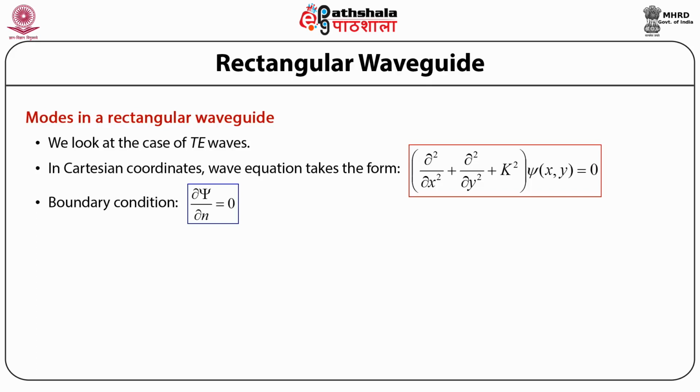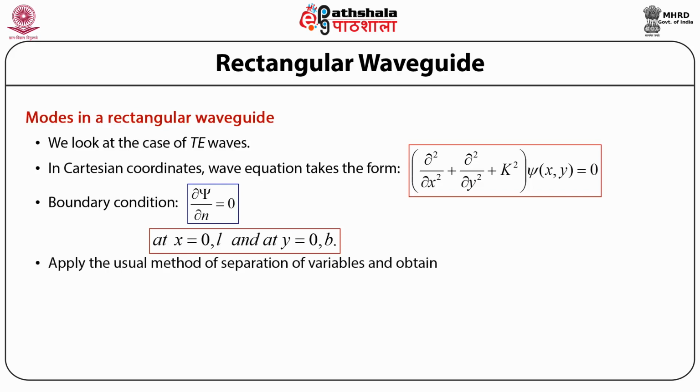to 0 at x equal to 0 and x equal to L, and at y equal to 0 and y equal to b, where x equal to 0 and x equal to L define the boundary conditions of the x-axis, and y equal to 0 and y equal to b define the boundary condition of the y-axis.